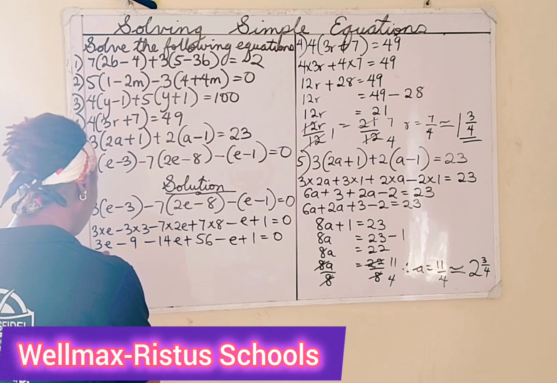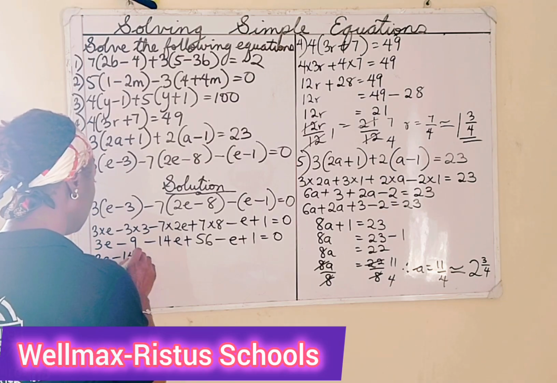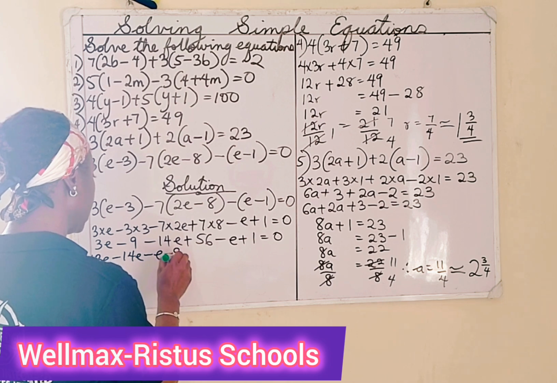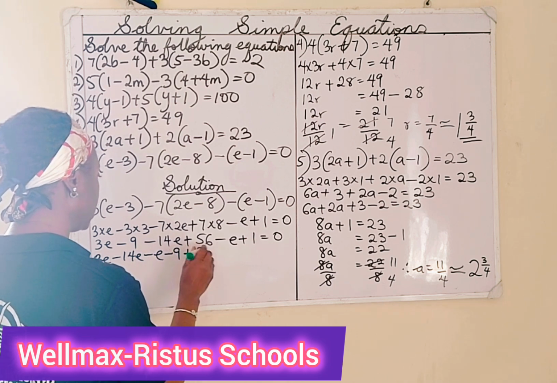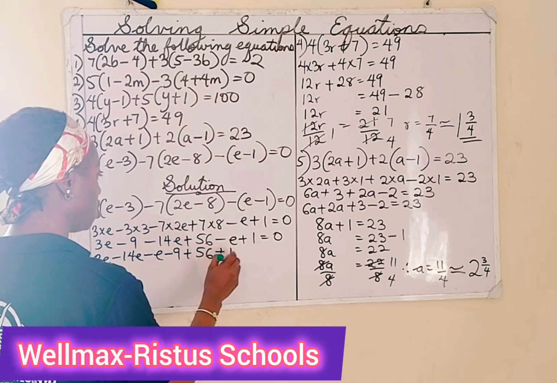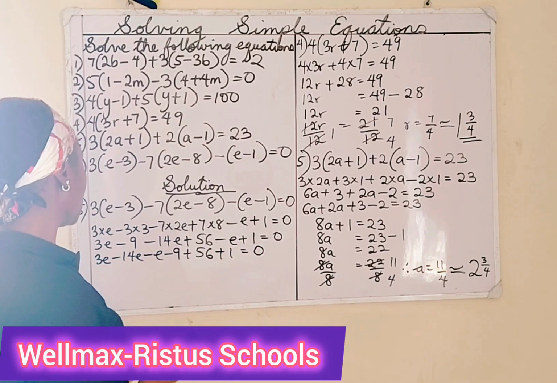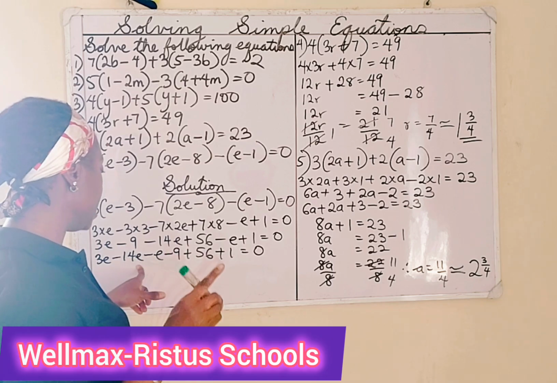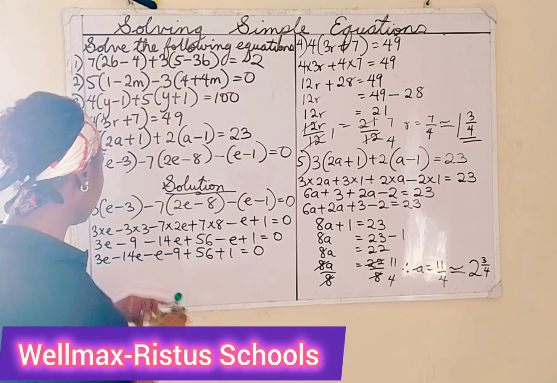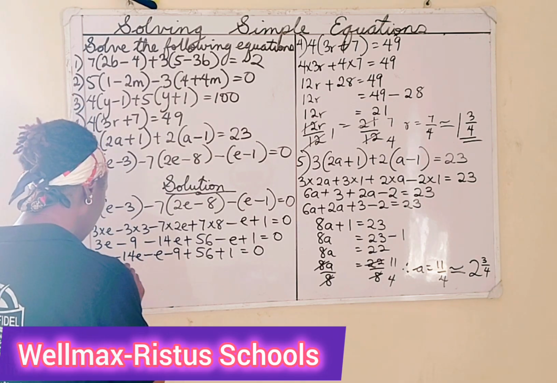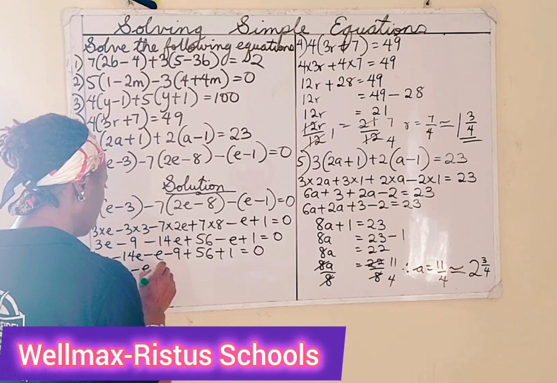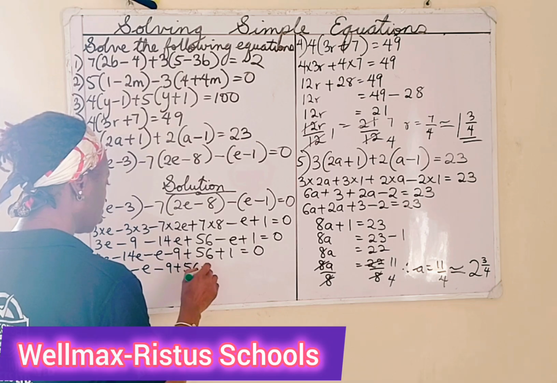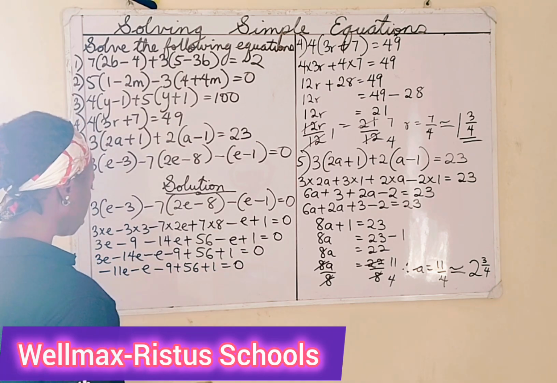We have 3e minus 14e minus e minus 9 plus 56 plus 1 equals 0. Now 3e minus 14e will give us minus 11e. So have minus 11e minus e minus 9 plus 56 plus 1 equals 0.